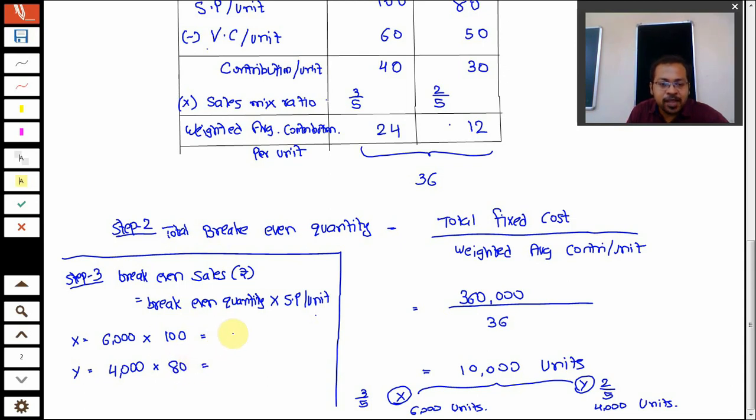And we know that selling price was 100 in case of product X and 80 in case of product Y. So it will be 6 lakhs, and here it will be 4,80,000. So here you can find break-even sales for entire company.